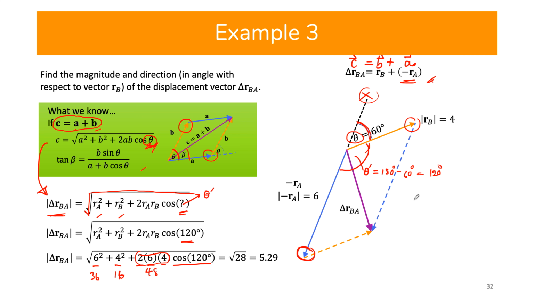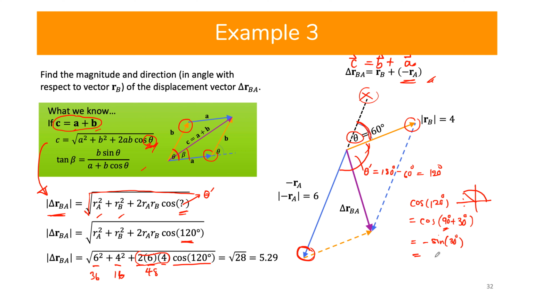Cosine 120, what is it? Cosine 120 is equal to cosine of 90 plus 30 degrees. Cosine 120 is in the negative zone, so you need a minus sign if you want to use a sine by eliminating this 90 degrees.